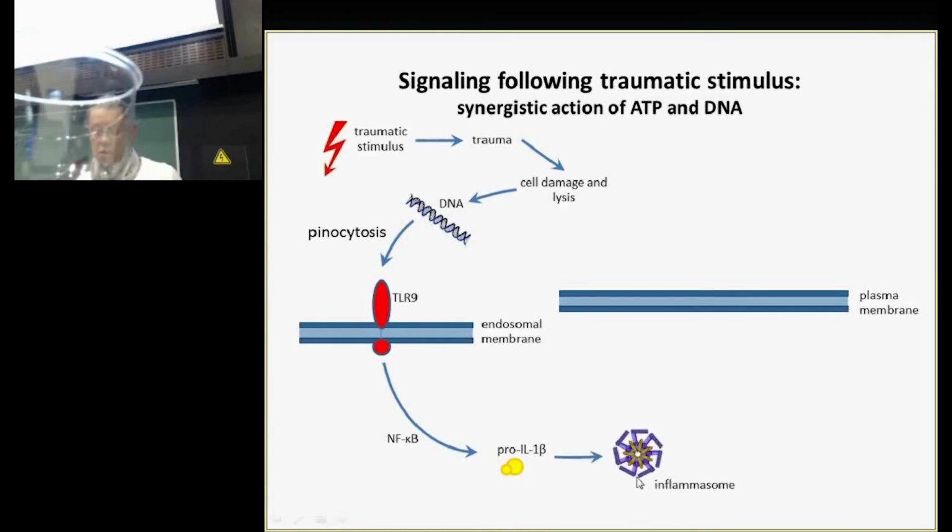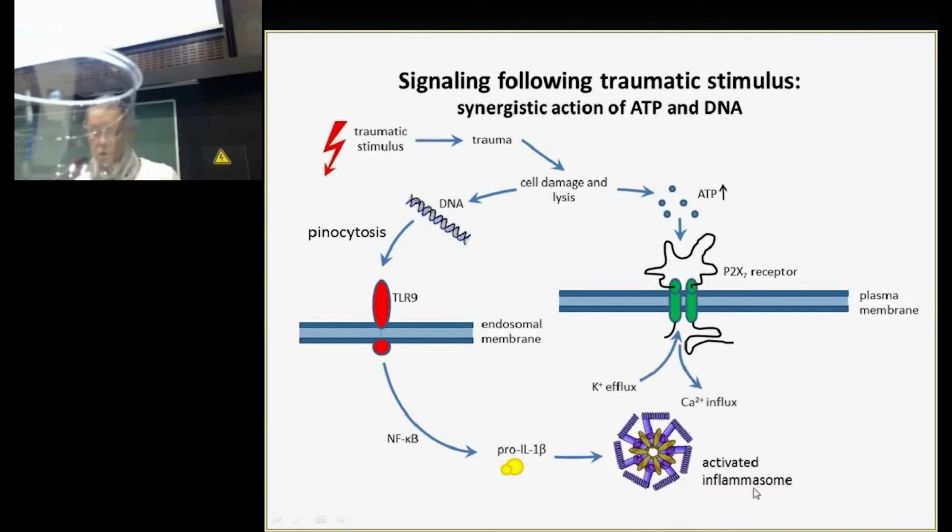And that is processed by the inflammasome in the moment when the ATP, which is also released from damaged tissue, binds to the P2X7 receptor. This is a cholinergic receptor which leads to calcium influx, and this calcium influx finally activates the inflammasome to produce IL-1 beta, which is one of the major stimuli.